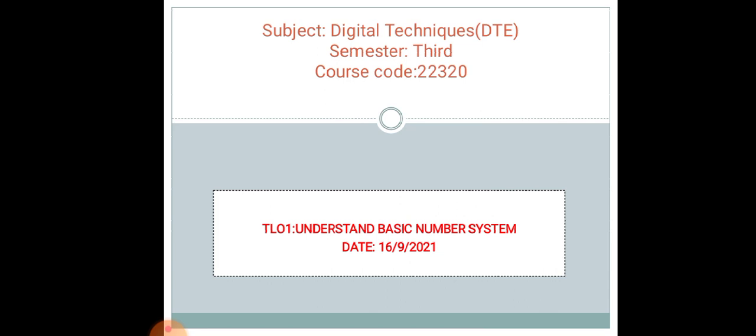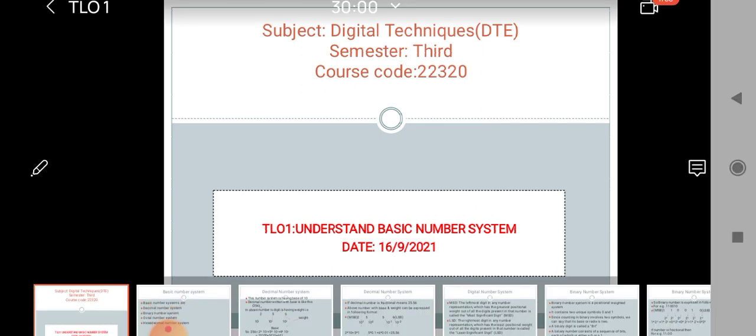So yesterday we discussed that we are using a decimal number system. Up till now we have used the decimal number system in mathematics, which has a base of 10. So you can see there are four basic number systems: decimal, binary, octal, and hexadecimal, which a computer always uses for processing machine data.